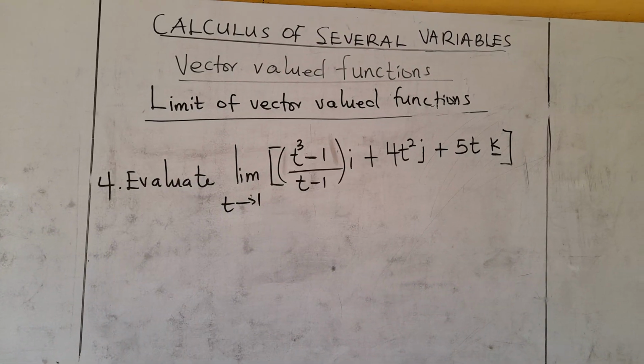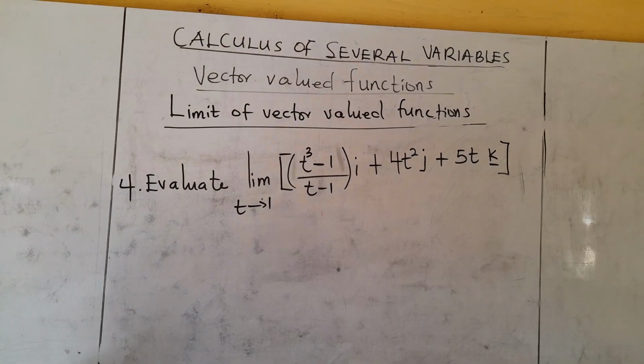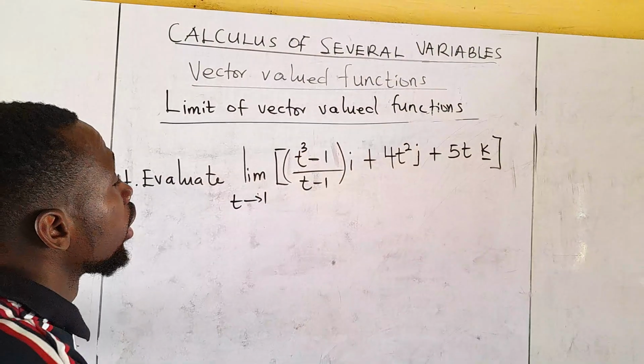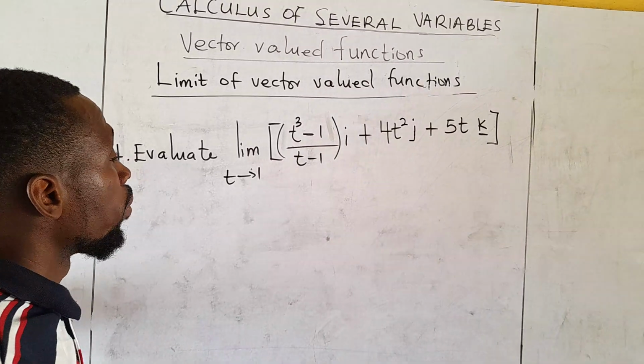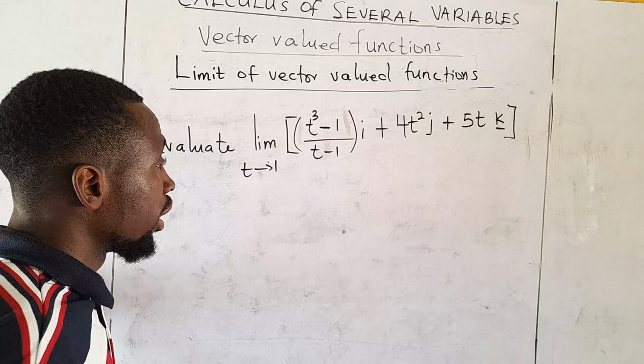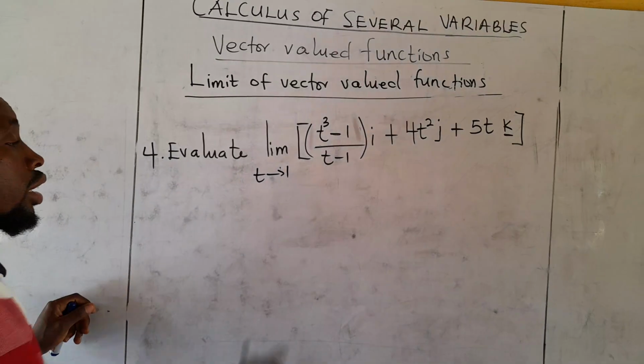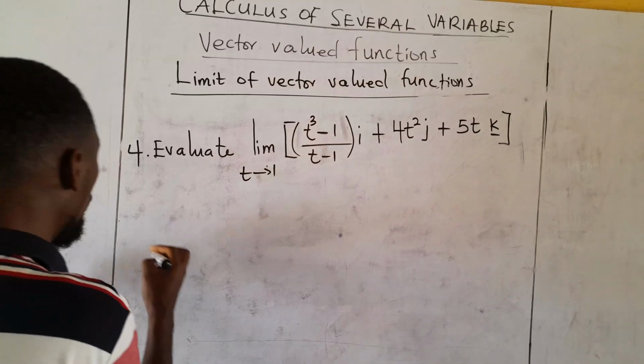So our last example on limit of vector valued function. Please feel free to pause the video and solve this. We say we should evaluate the limit of t cubed minus 1 over t minus 1 in the direction of i plus 4t squared in the direction of j plus 5t in the direction of k as t approaches 1. So how do we do this?